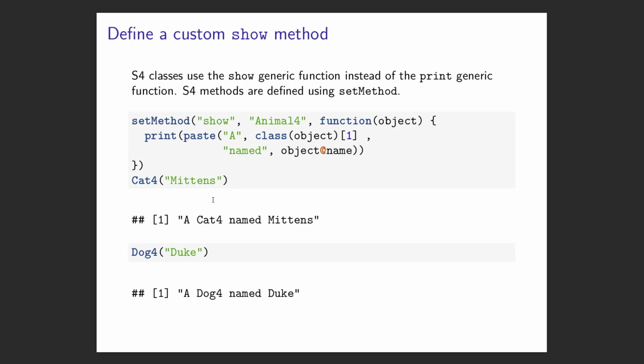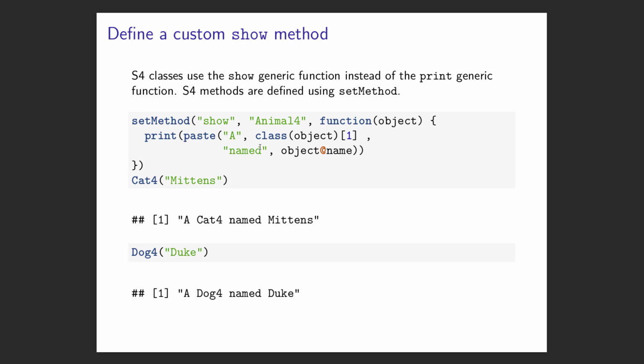So here, if we give show an animal4 object, it will go and call this method. This could be a vector if we are working with a generic function like plot that has two parameters that we could possibly dispatch on.